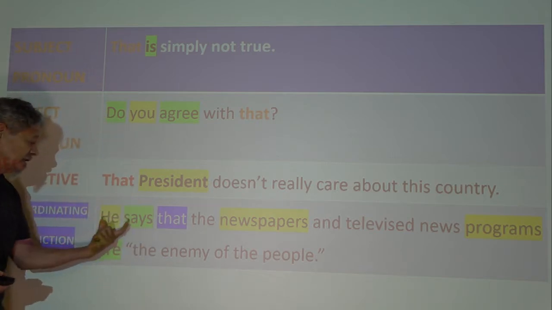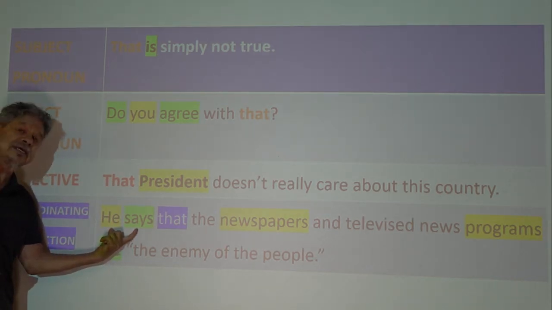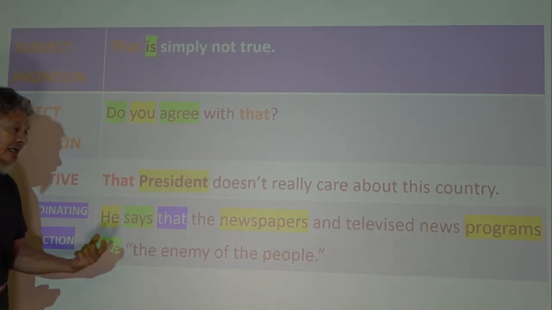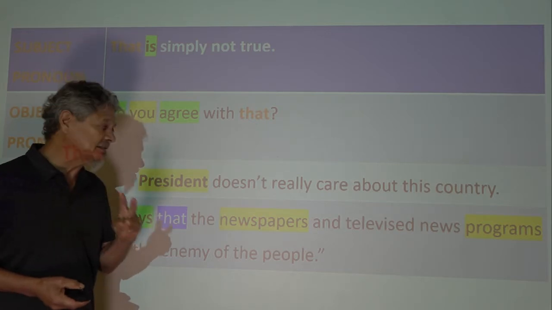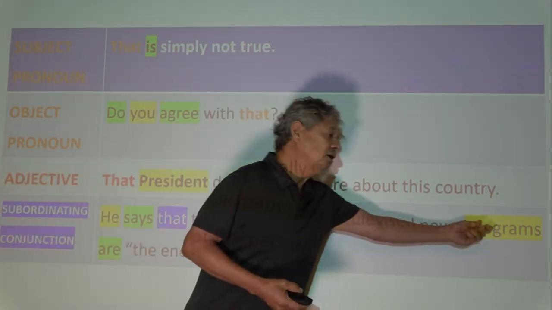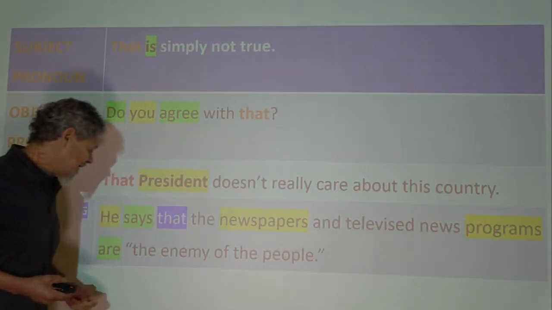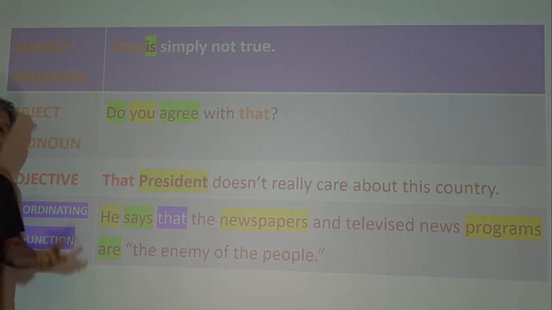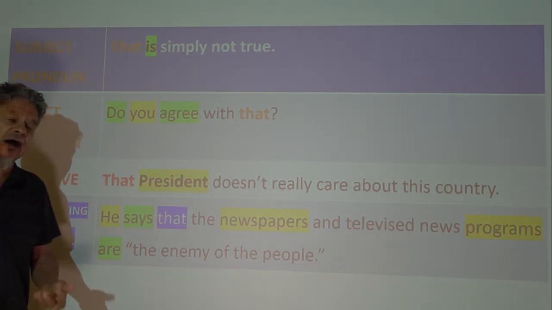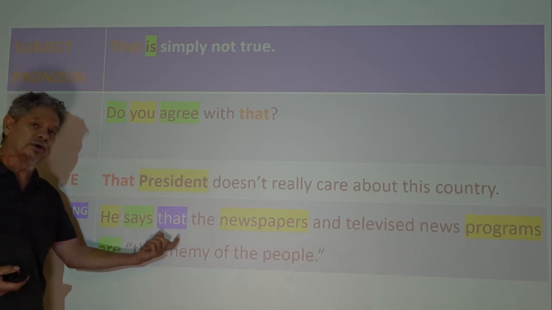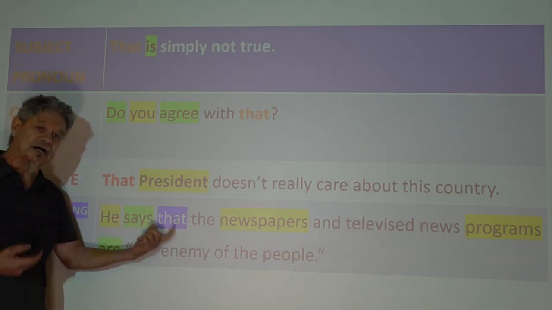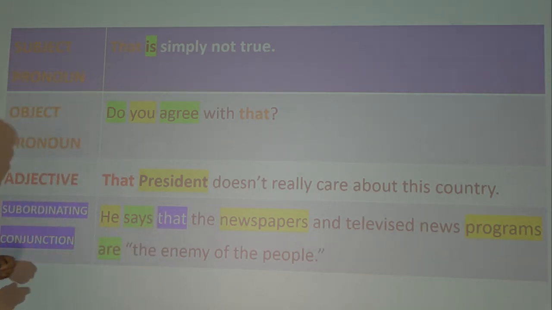The first clause is actually made up of 2 words: "He says." The second clause has 2 subjects, newspapers and programs. The verb is "are." These 2 clauses are being connected by the word "that," which is functioning here as a subordinating conjunction.